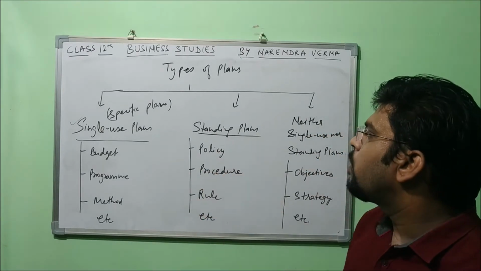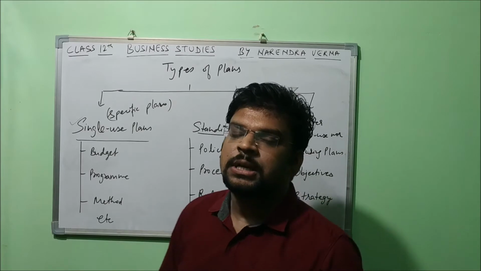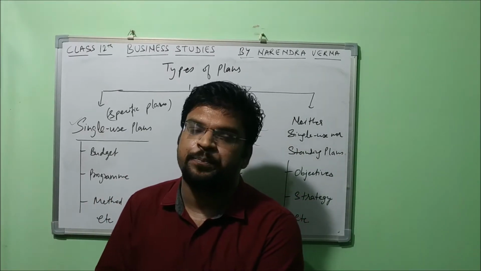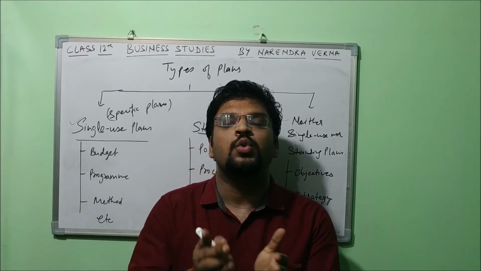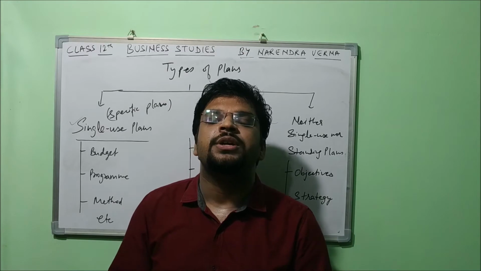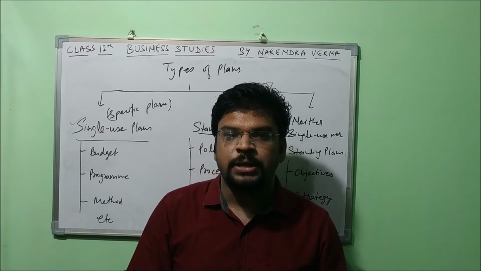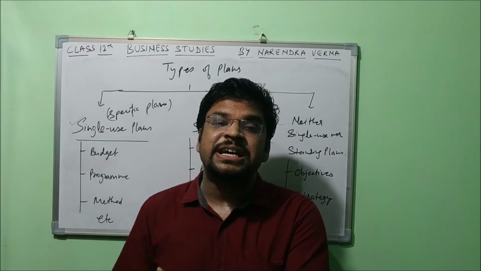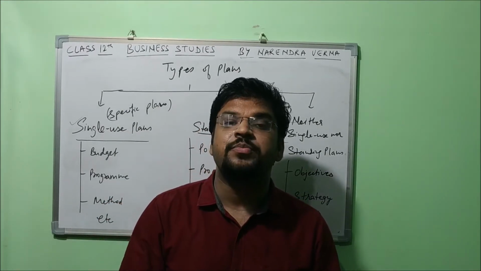Now let's talk about standing plans. As by the name it is clear, standing means these keep on standing. These plans are made for those activities which keep on occurring in the business operation again and again, right? Means these are designed for the problems of recurring nature which are repeated.